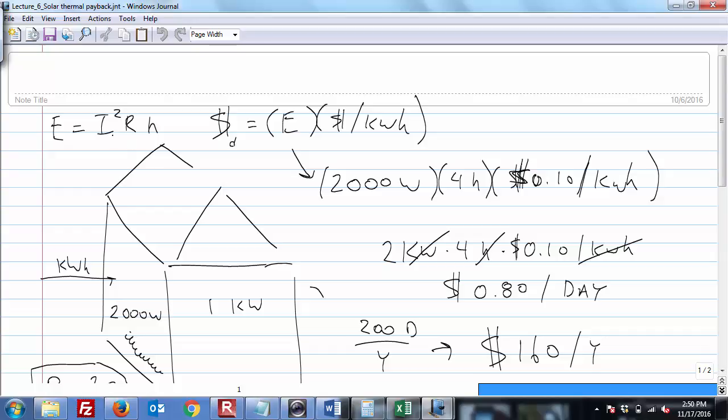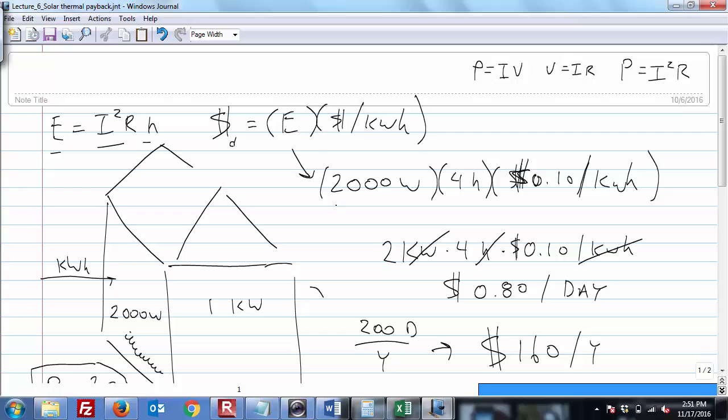One thing I've noted for energy: since this is an electric system, you're heating the house by running electricity through a wire, and we know that P equals current times voltage, and we know that voltage equals current times resistance, so power equals I squared R. And so what I've written here is that energy equals I squared R times hours, and the dollars per day equals the energy consumed per day times the cost per kilowatt hour.